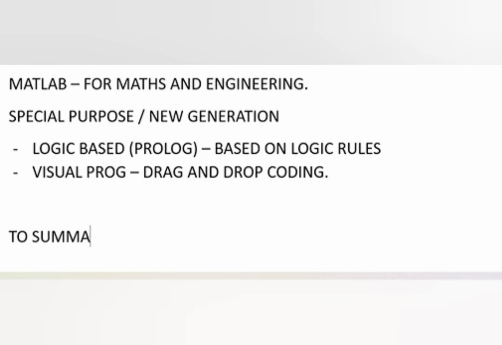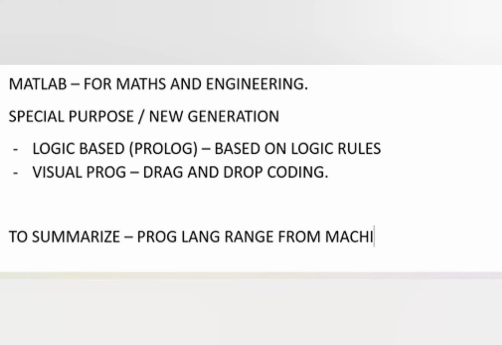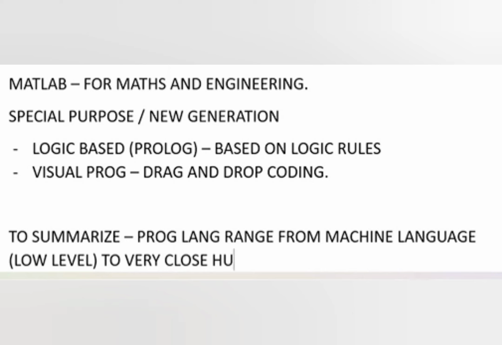So to summarize, programming languages range from machine language, which is low level, to very close human readable language, which is high level.